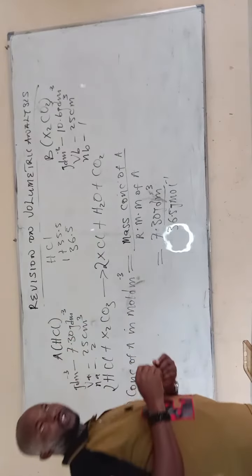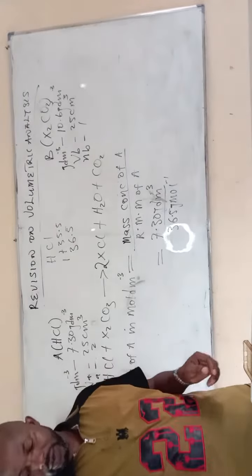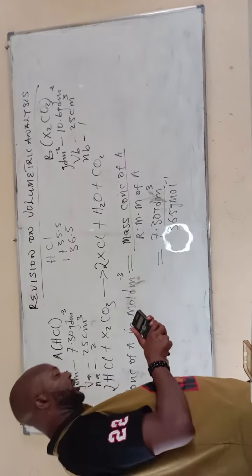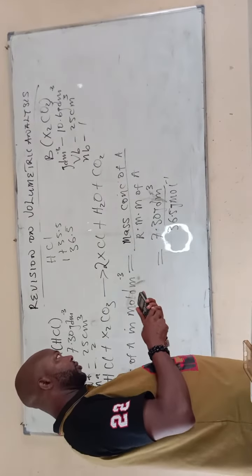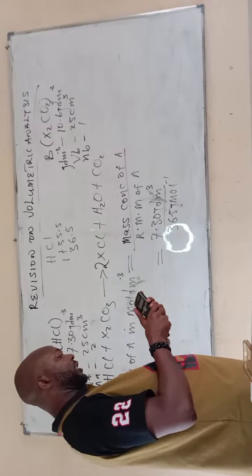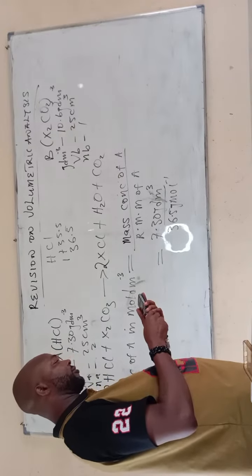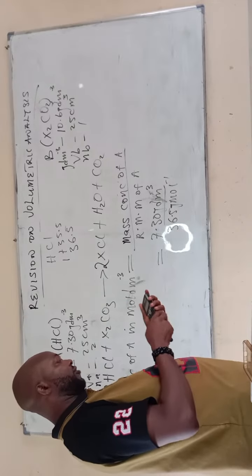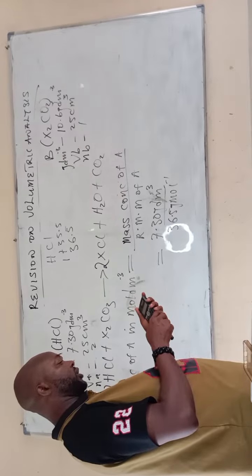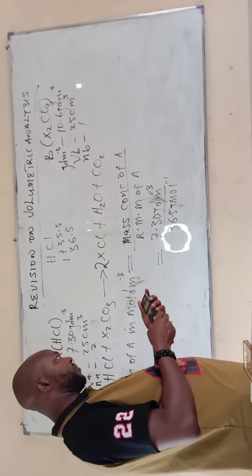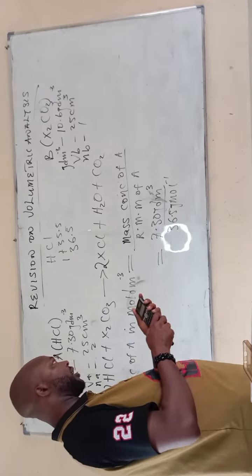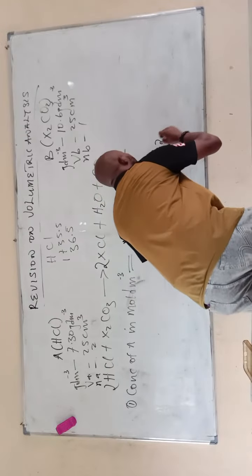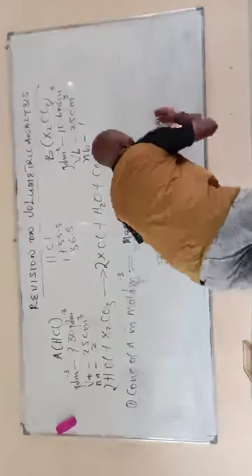So, if that is true, let us see what we have. We have 7.30 divided by 36.5. That is 0.2. So the molar concentration of the acid is 0.200 mole per dm³.